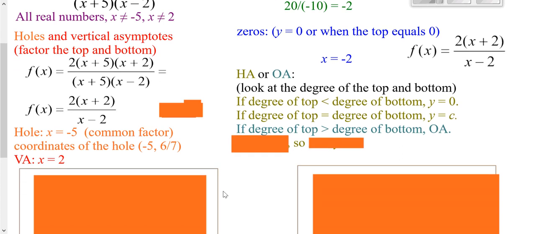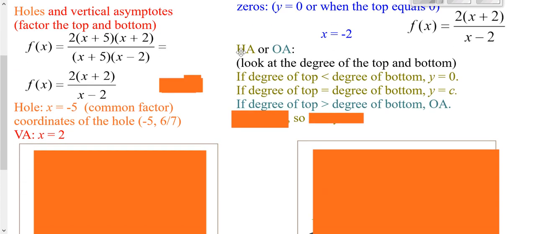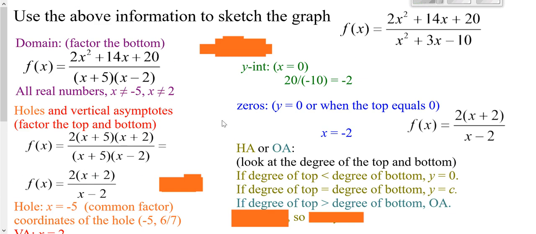And then we also need to go ahead and find a horizontal or an oblique asymptote. Now, as you look here, you'll notice you have the same power top and bottom. So that means if you have the same power top and bottom, it's going to be y equaling a number. Pretty much you take most influential over most influential, so 2x squared over x squared, that simplifies down to 2.